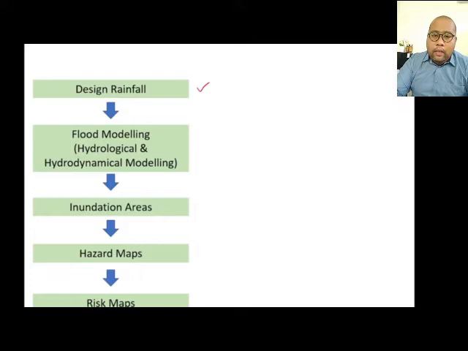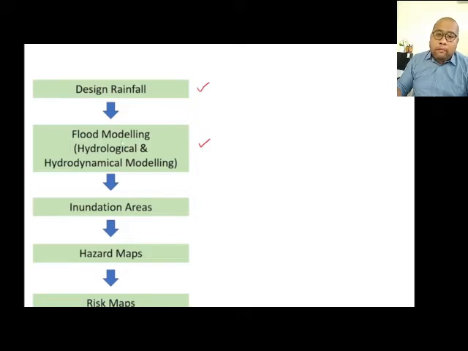We have frequency analysis, the IDF curve, and then the ARI, average recurrent interval or return periods. That rainfall data becomes an input to your hydrological modeling and also the hydrodynamical modeling. Hydrological and hydrodynamical modeling we sometimes call flood modeling.